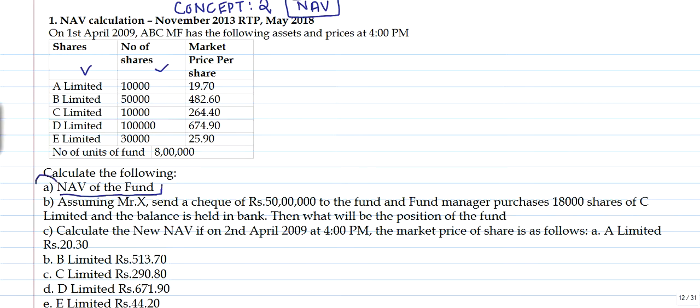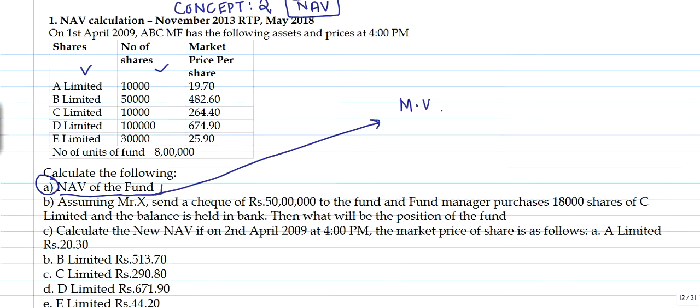We'll see the first point A. We multiply the number of shares with the market price per share to get the market value. If we divide the market value by the number of units of the fund, then we will get the net asset value. So what is the net asset value of the fund?